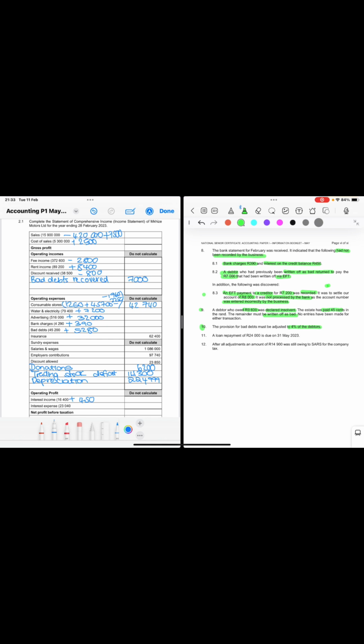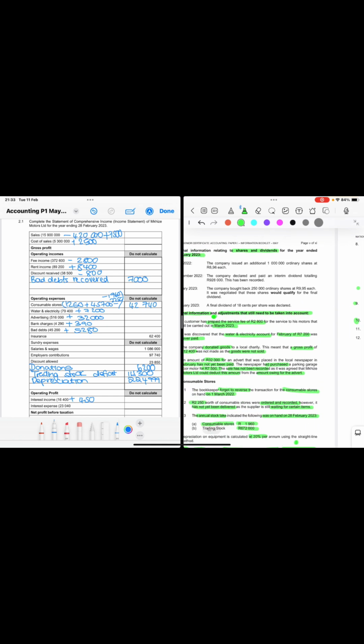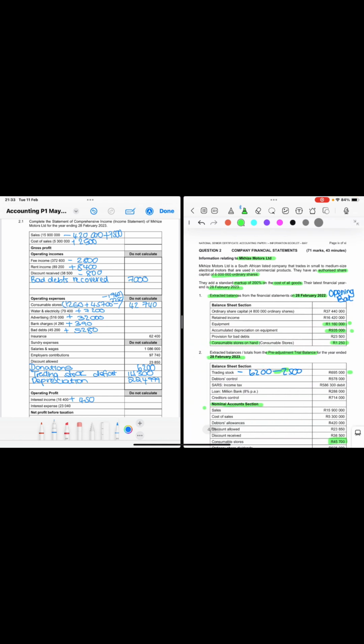That won't affect debtors, but the writing off of the bad debt will. The debtor owed 9,600, so the full 9,600 will be reducing our debtors control because some of it was paid off and some of it was written off.